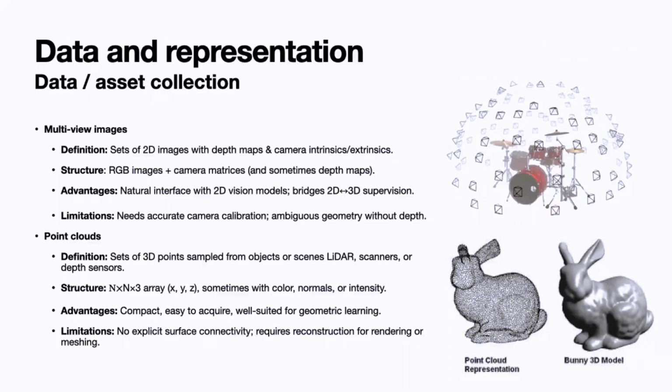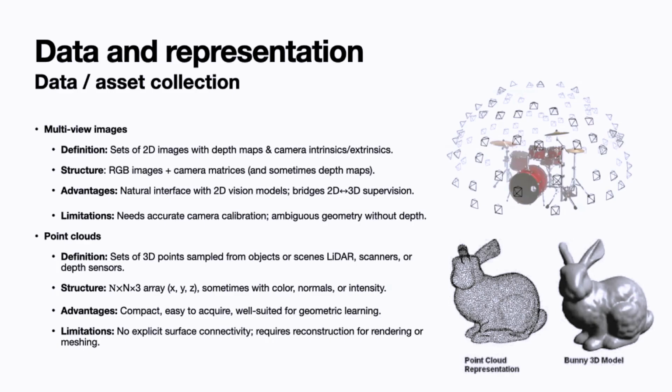So first of all, let's focus on what exactly the data is. Data can come in a lot of different flavors. The easiest one is just a bunch of pictures from different angles, and then a scene can be represented as a collection of these images with known positions. That can be used for learning scenes and rendering them, but it's not that useful.